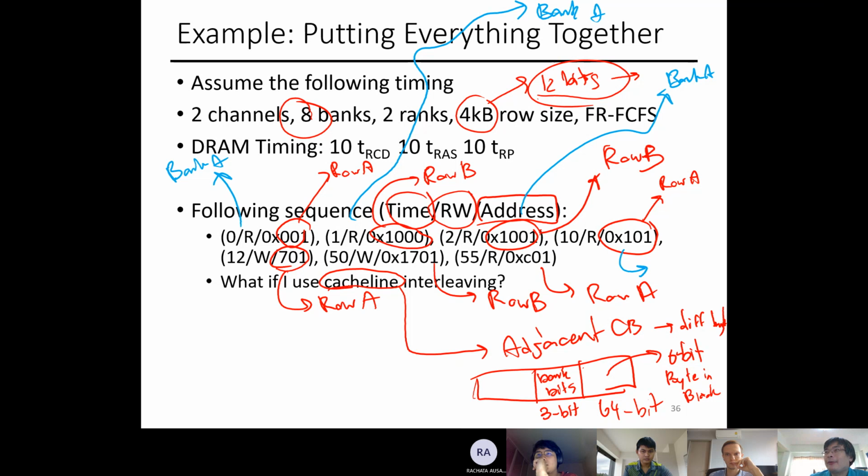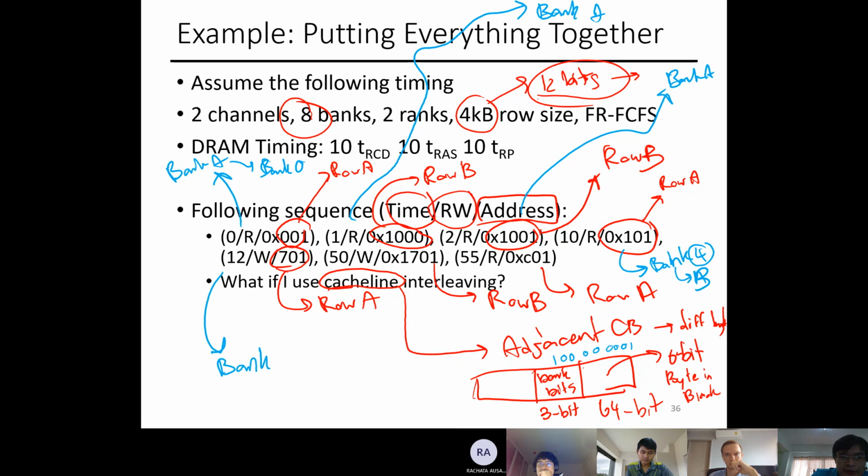What bank does this go to? 101. 0, 0, 0, 1, 0, 0, 0, 0. So this is going to bank 4. Wait, bank 4, which is actually, I'll call this bank B. Bank A is bank 0. This is also going to bank 4.